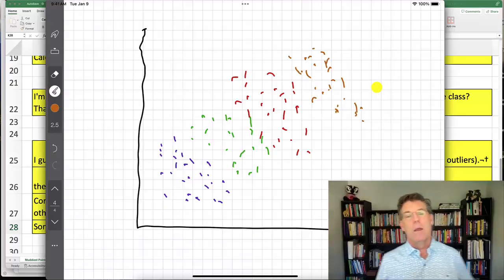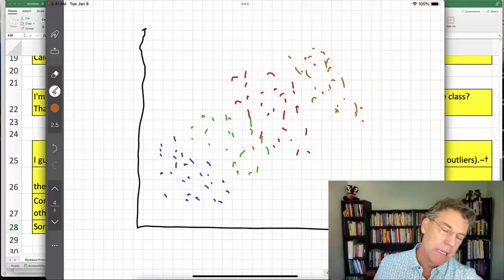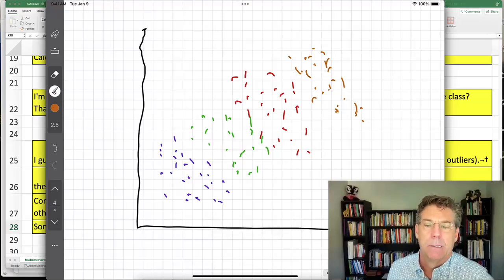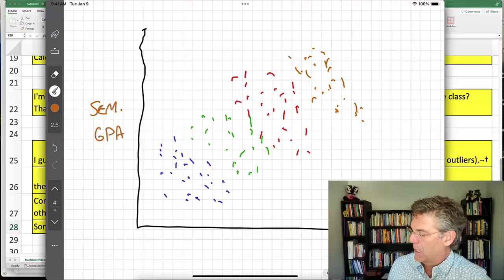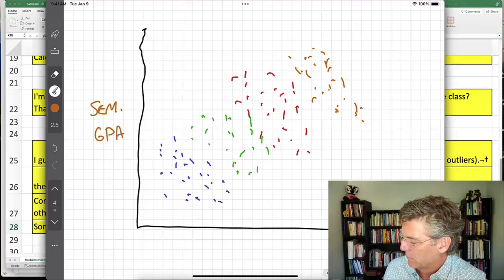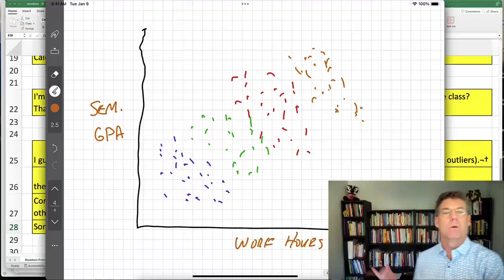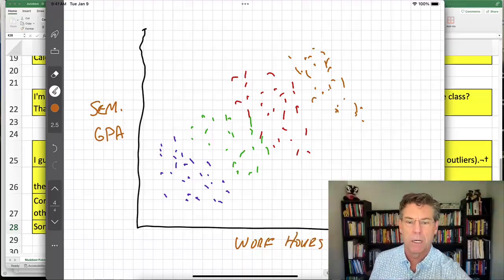Okay. And what this might be is college GPA, like semester GPA for college students. And then this might be something like work hours, how many hours they're working during the semester.